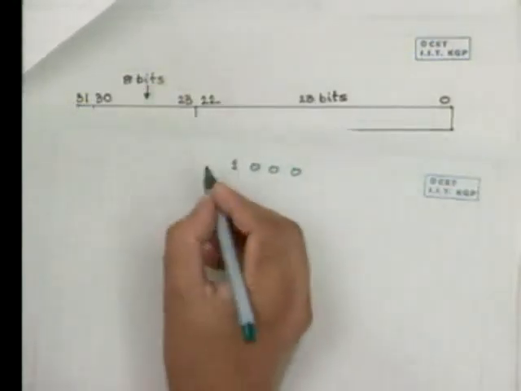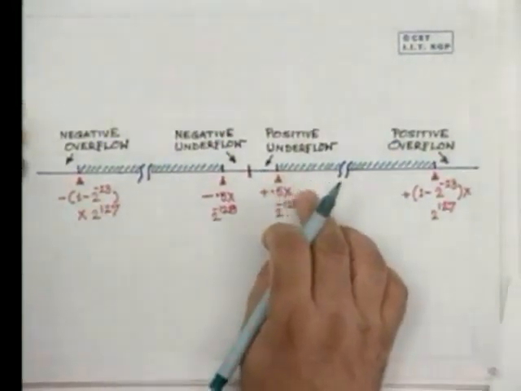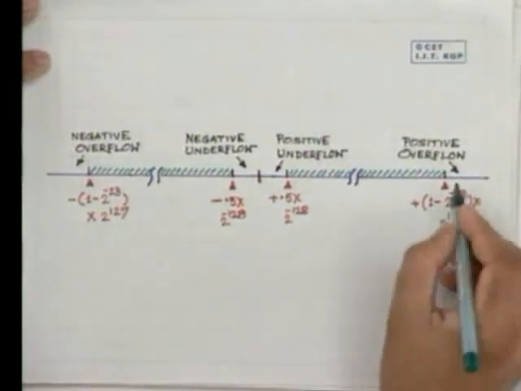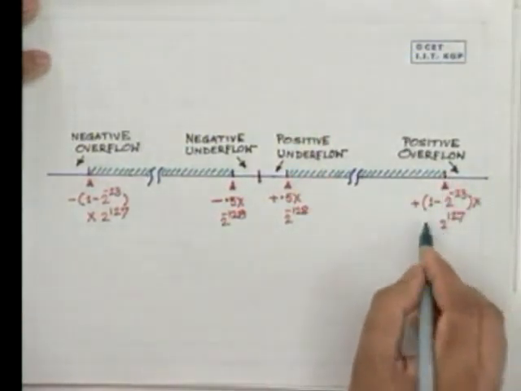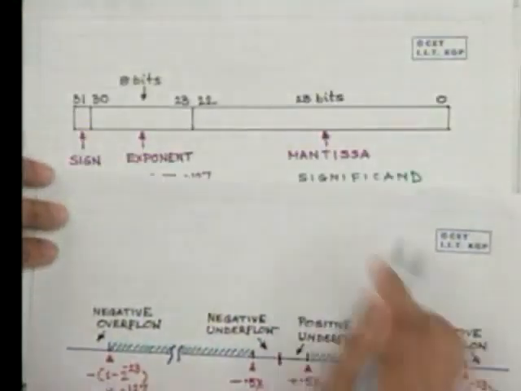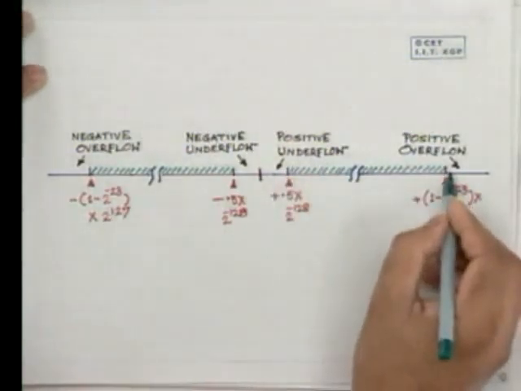Okay, that is this number, 0.5 times 2 to the power minus 128. Similarly, this number is 1 minus 2 to the power minus 23, because this is of 23 bits. That is the number that we can represent on the positive side.